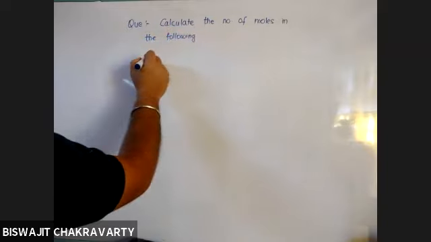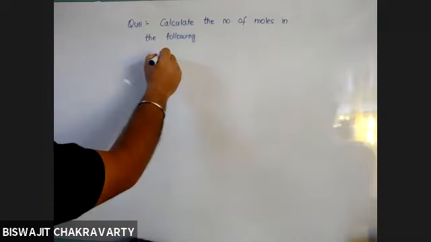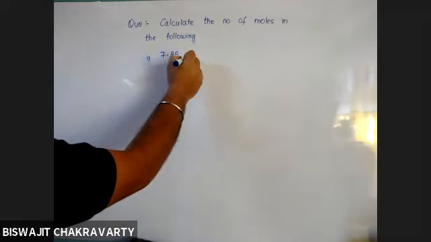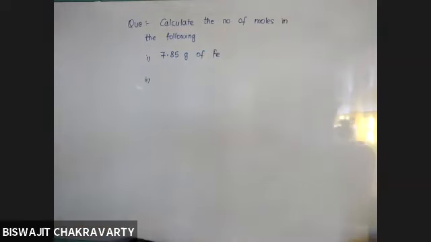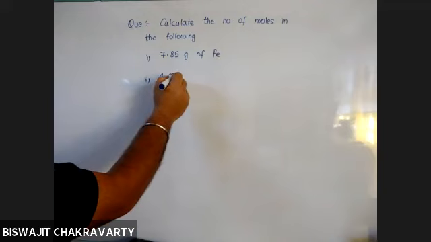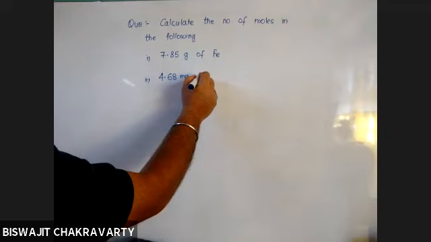So let me see how many of you can do it without my help. Number 1, 7.85 gram of iron. Number 2, 4.68 milligram of silicon.